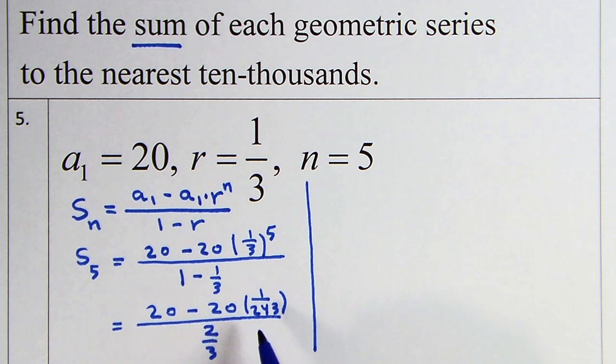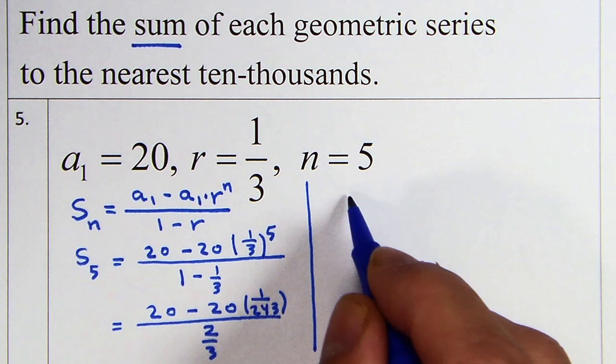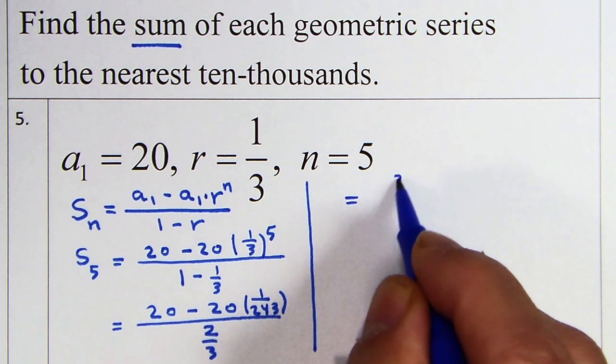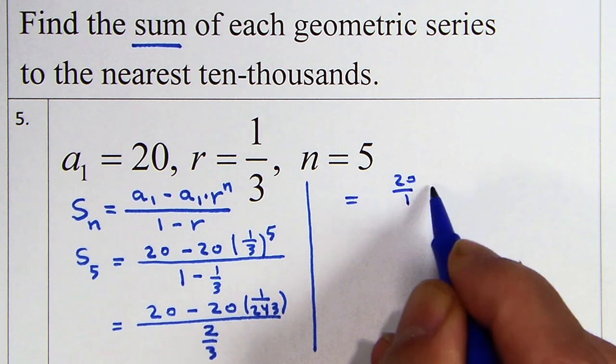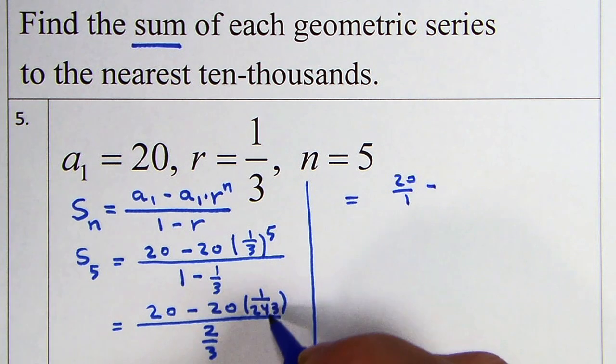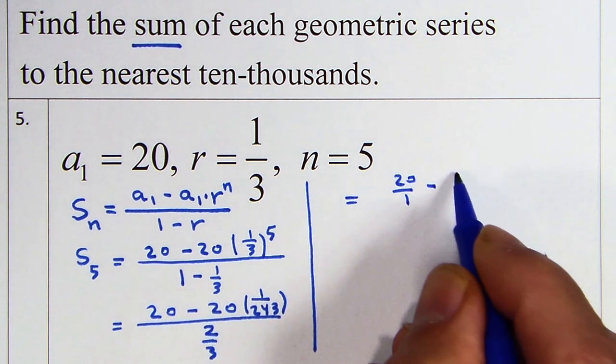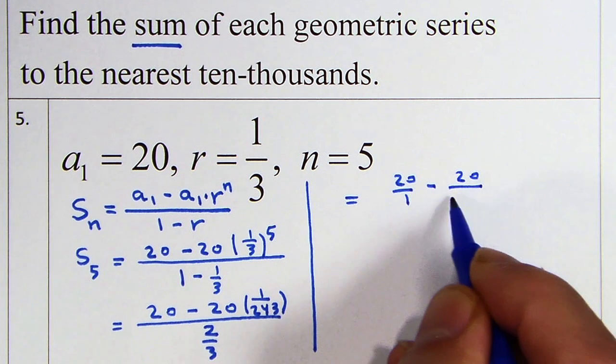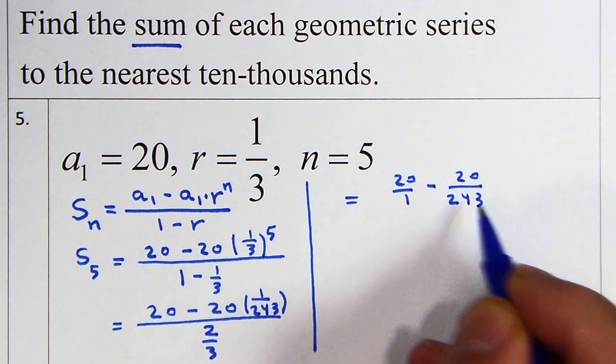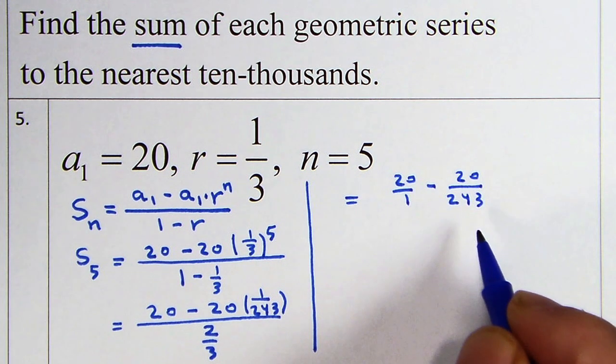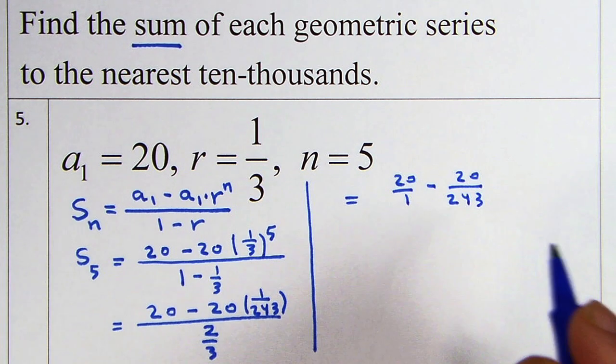I could write this as one fraction and make this with the same denominator. So I could say 20 over 1 minus 20 multiplied by 1 over 243 is 20 over 243, all divided by 2/3.